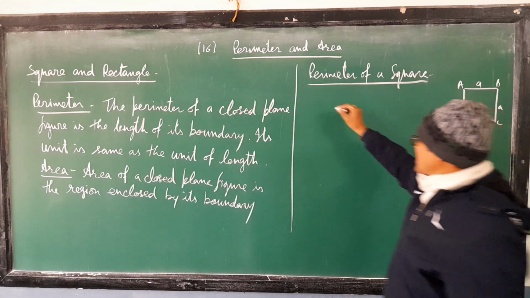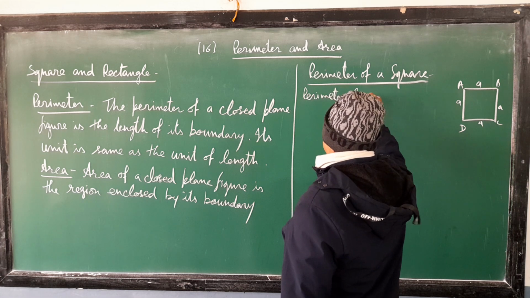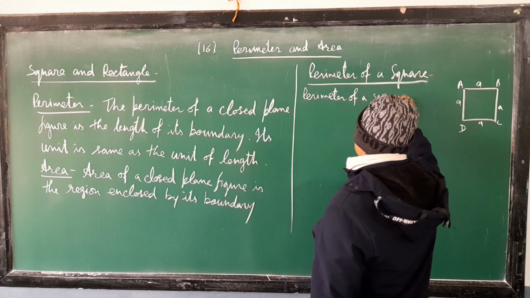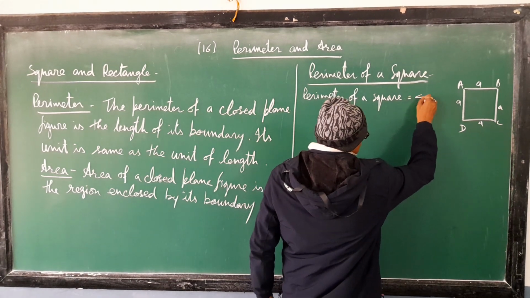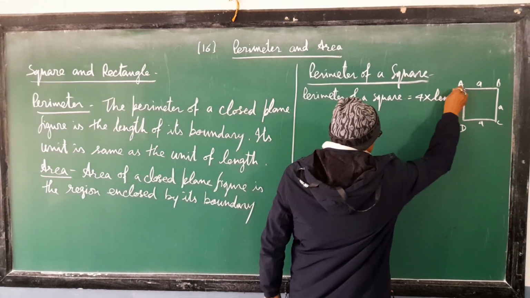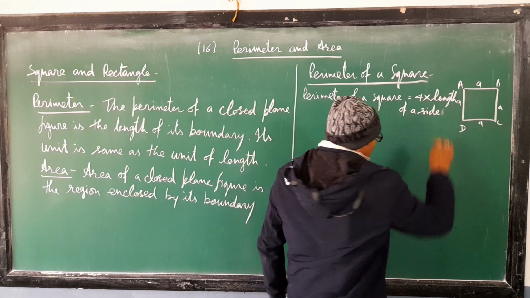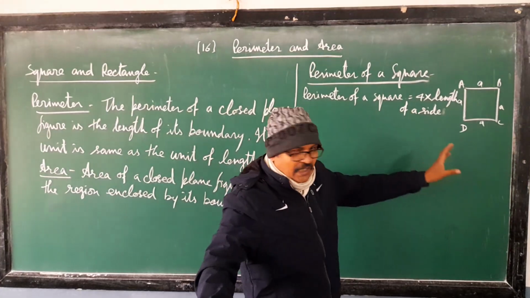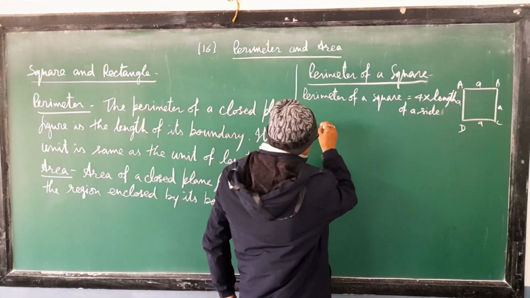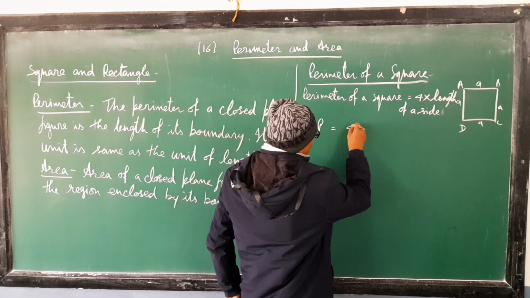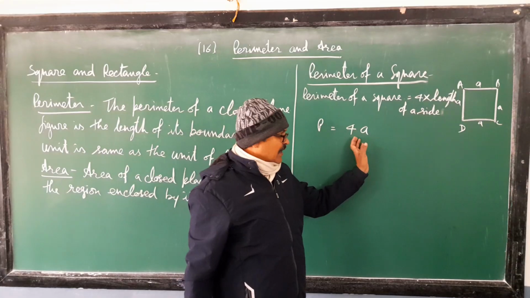Then the perimeter of a square is given by 4 into length of a side. Why? Because in a square all 4 sides are equal. So perimeter P is equal to 4a, where P is the perimeter and a is the length of the side.